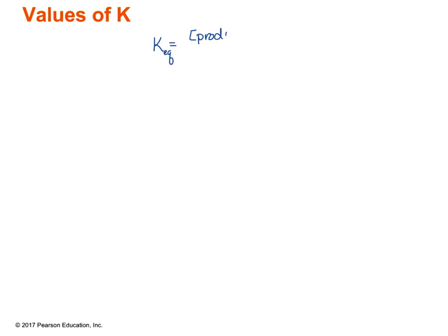So let's rewrite that equilibrium expression. Again, we have the concentration of products over the concentration of reactants. So if K is much greater than 1, that means that reactants are not favored, so products are favored.